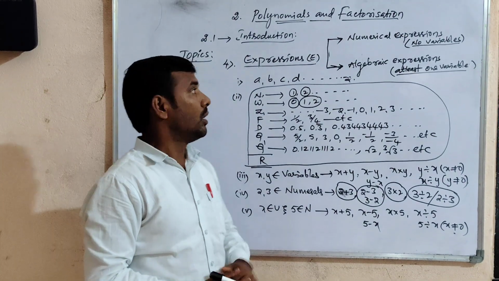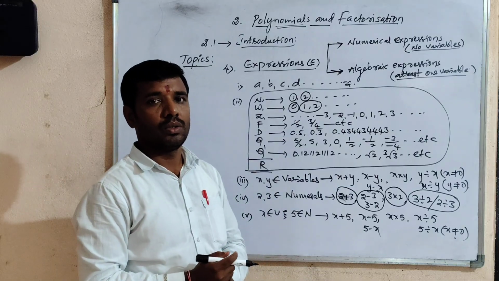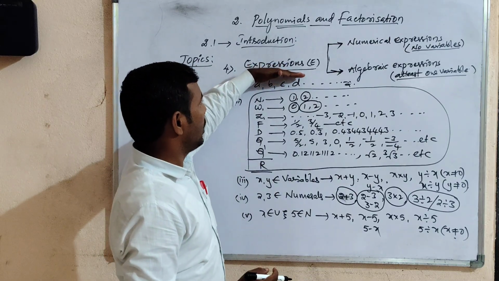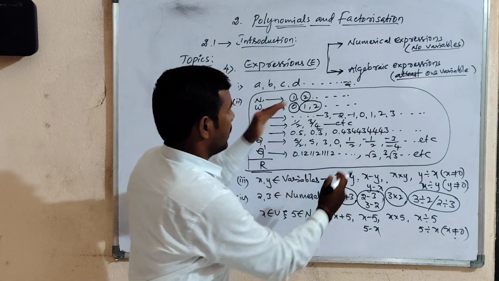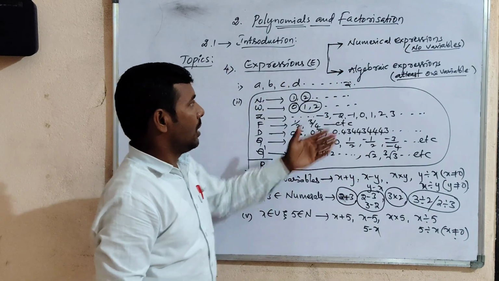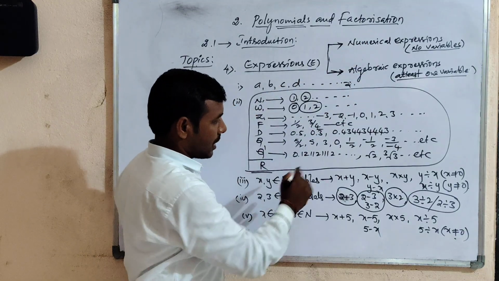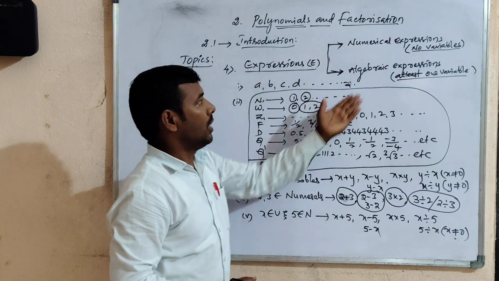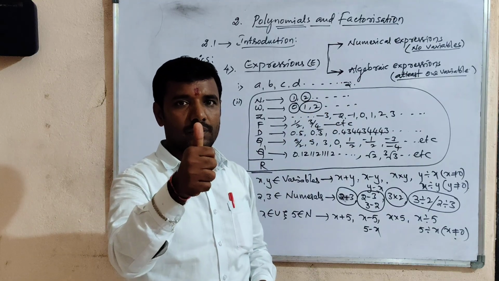Those are called algebraic expressions. I think you understood. So under the title of expressions, we divided into two parts. A few are numerical expressions and a few are algebraic expressions. Numerical expressions are rounded with a circle, remaining are algebraic expressions. I think okay? Okay, right, done.